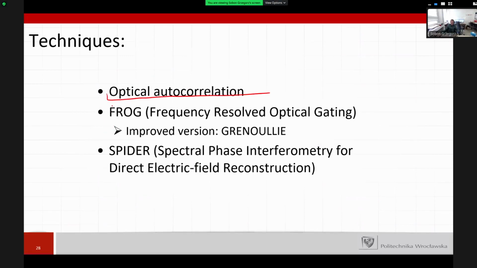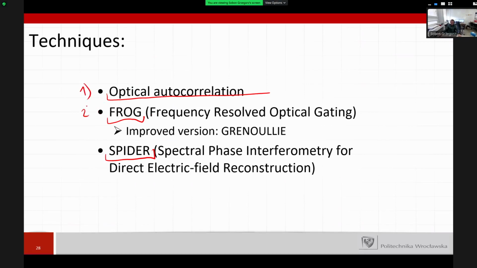And there are two more advanced techniques that can measure the pulse duration. The one is called FROG, which stands for frequency resolved optical gating. And another one is SPIDER, which stands for spectral phase interferometry for direct electric field reconstruction.